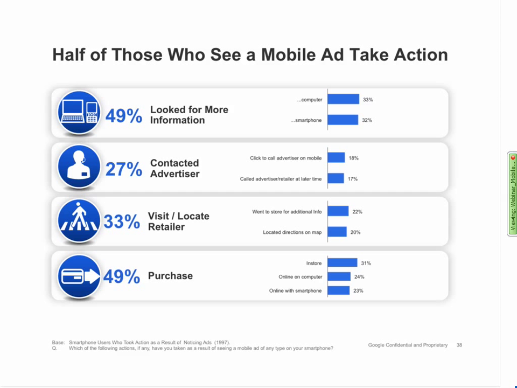They're continuing to look for it online, or by continuing to use their smartphones. A third are visiting or trying to find the retailer, so they're actually going to go to the business. And half of those who've seen a mobile ad have purchased, both in the store, 31%, online on their computers, which is about a quarter, and also online via their smartphones.